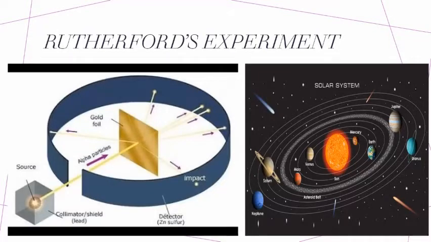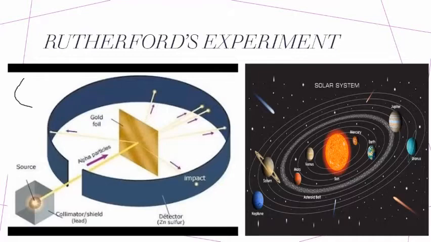What he observed is that the mass of an atom is concentrated in a very small space within the atom called the nucleus, and it is positively charged. This explains the deviation and rebounding of some positively charged alpha particles. The atom is almost empty from within, such that the size of the nucleus is almost negligible as compared to the overall size of the atom.